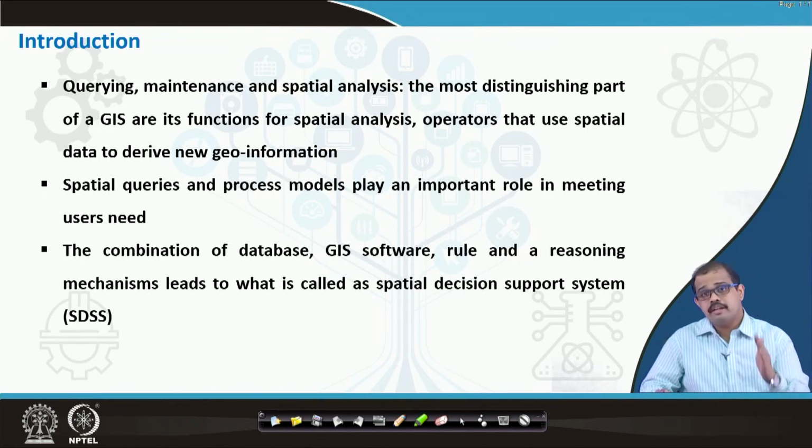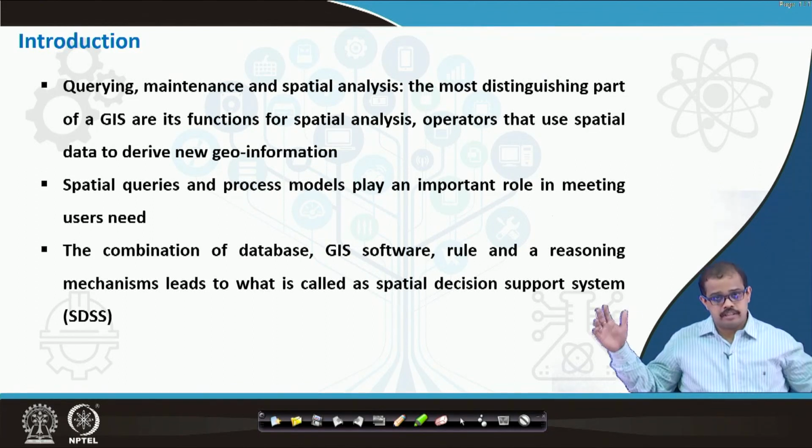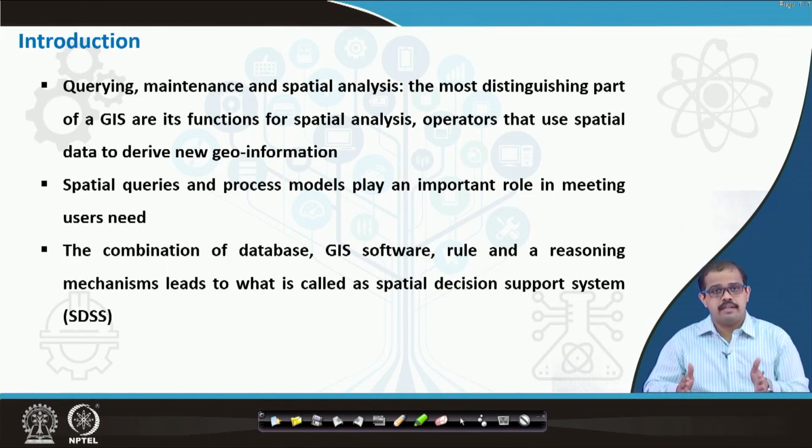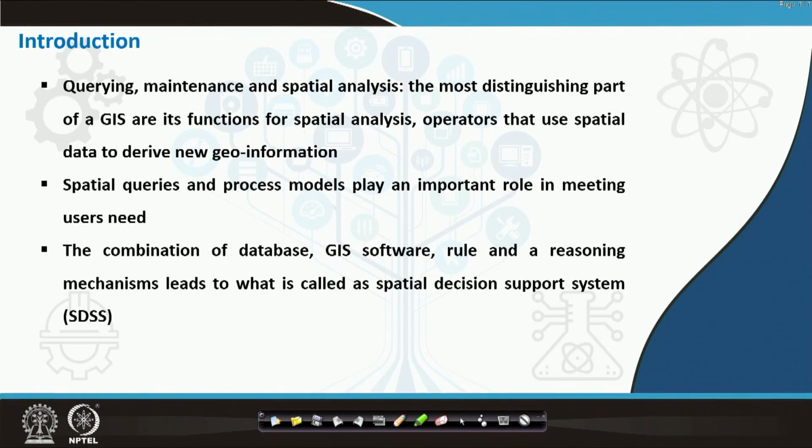That's how it is different from the static functions you may find in other kinds of systems. It contains all three in it. It starts with querying, it starts with maintenance, and it also ends with spatial analysis and output of data. But no other system comparable to GIS has all three parts together.